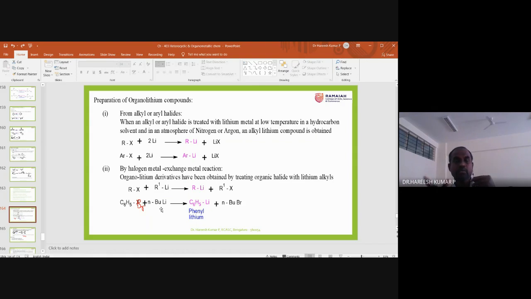You should not transfer it just like opening a lid and pouring it into a measuring cylinder or something like that. This requires a special technique. What is the technique? You have to apply pressure to the bottle, and there should also be a cannula connection. That means a metallic tube is passed through the butyl lithium bottle and into the reaction media.